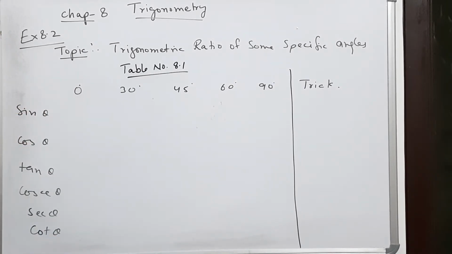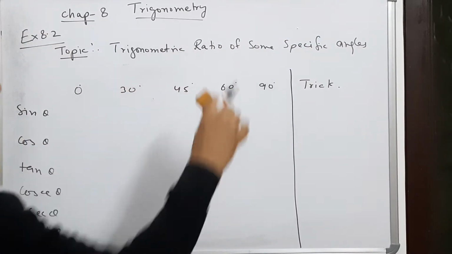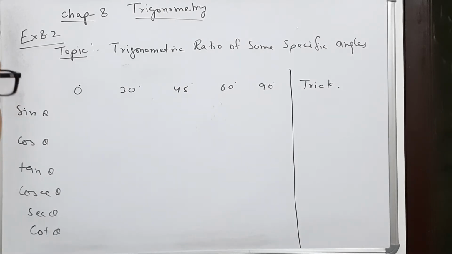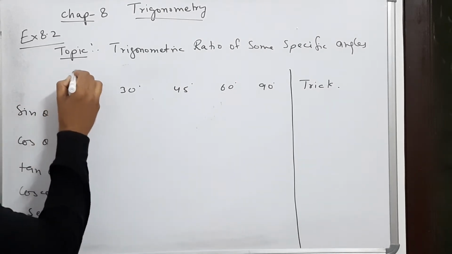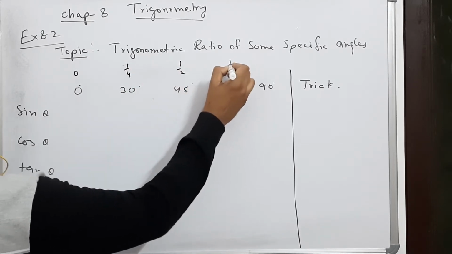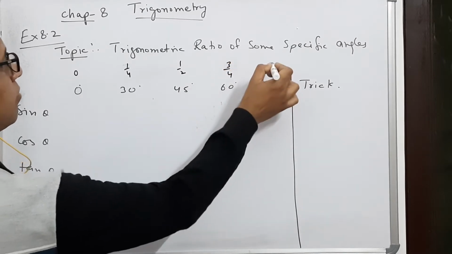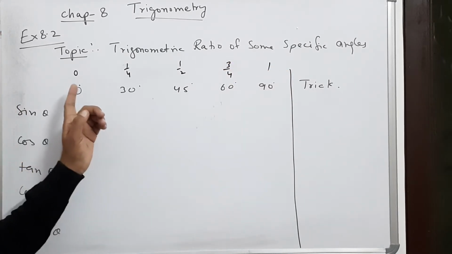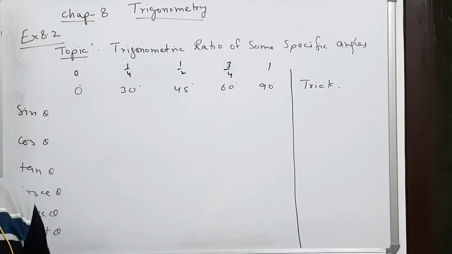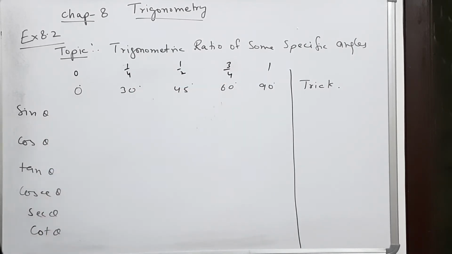The first part of the trick is, you write these numbers at the top of the angles 30 degrees, 45 degrees, 60 degrees, and these numbers are 0, 1 by 4, half, 3 by 4 and 1. These numbers are increasing by 1/4, that is 0, 1/4, half, 3/4, 1, which you can easily learn.